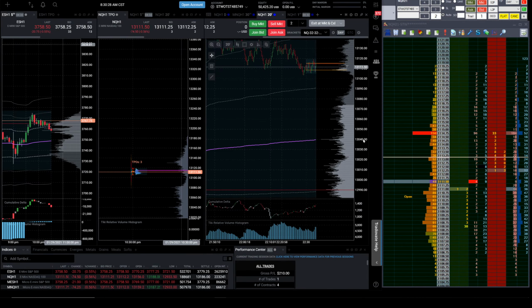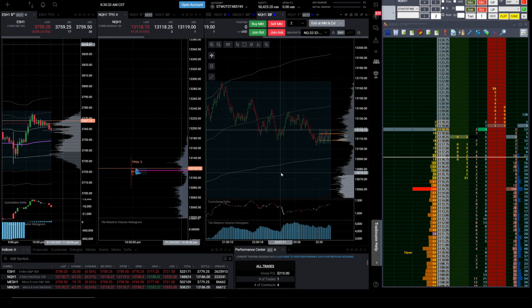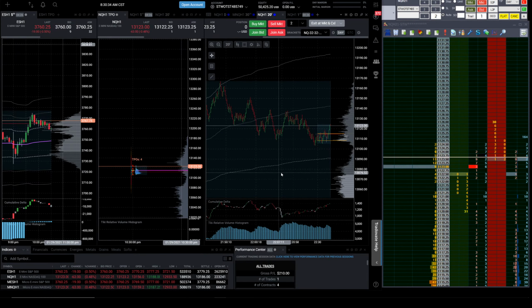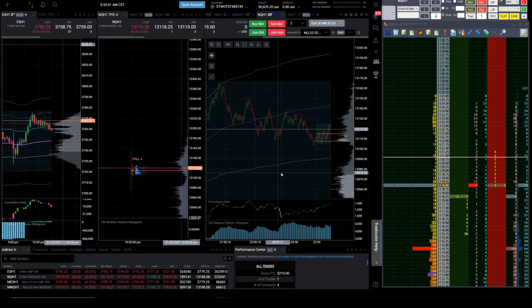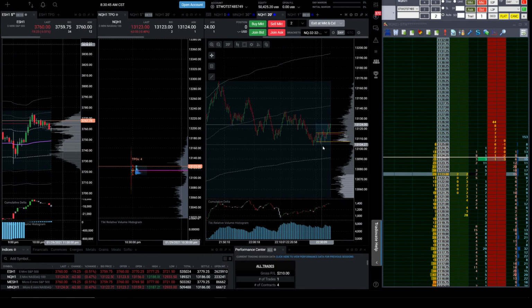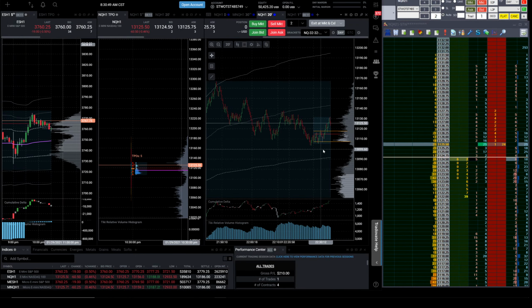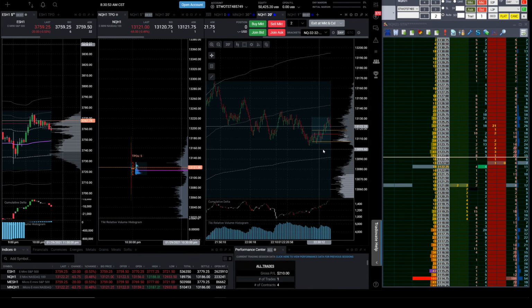Got about a 10-point range here. Our opening swing was about 10 points. That's what I call the opening swing, the first low to high. I guess that's subject to interpretation.